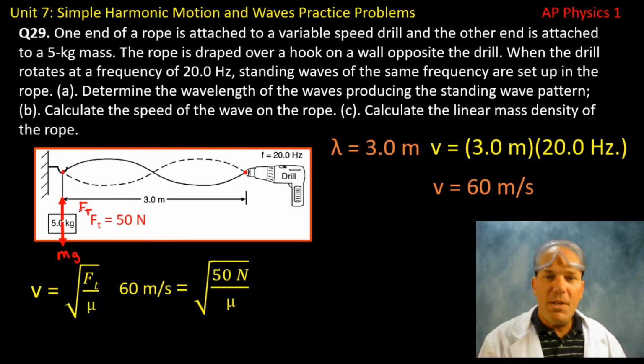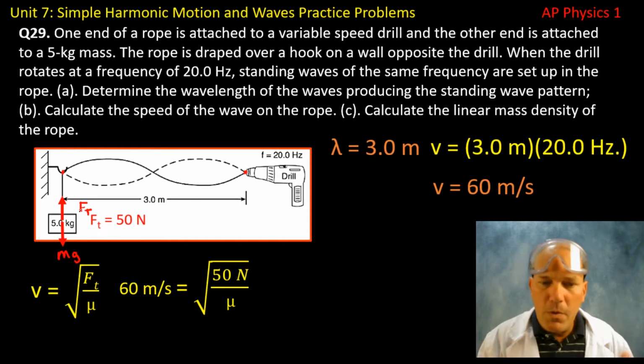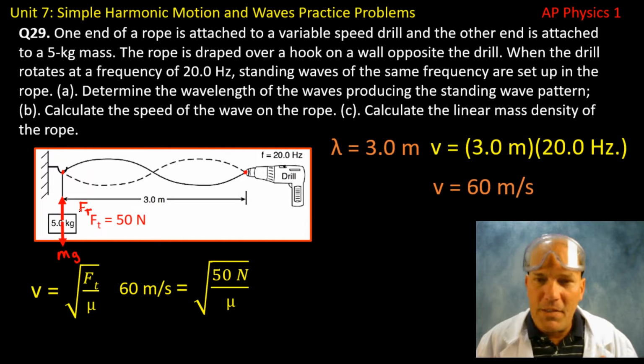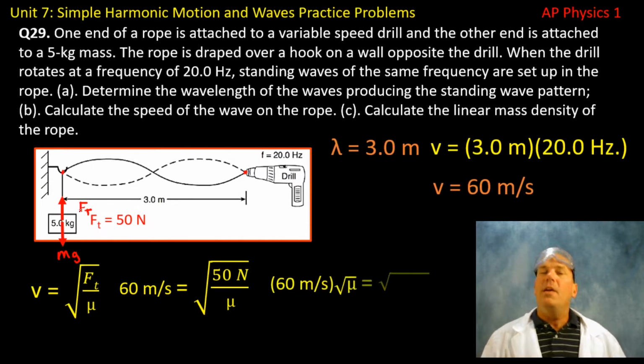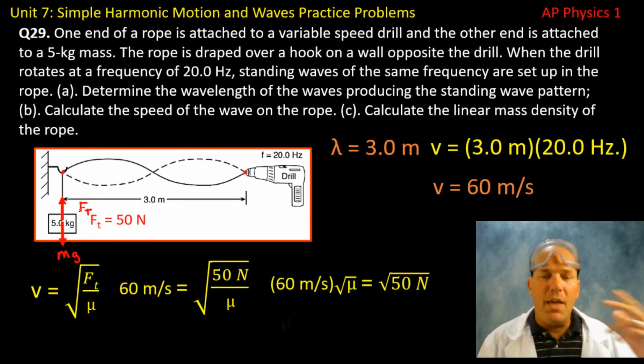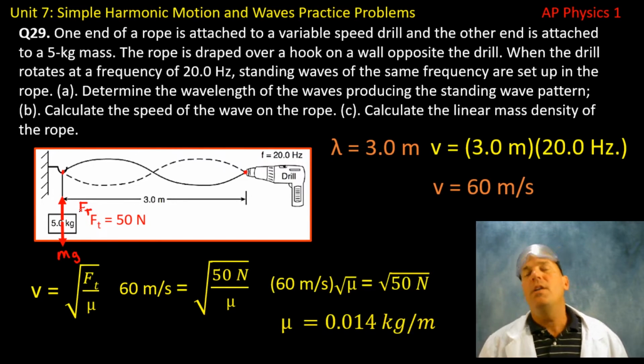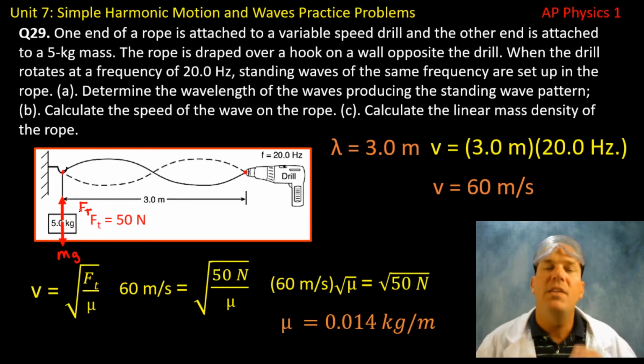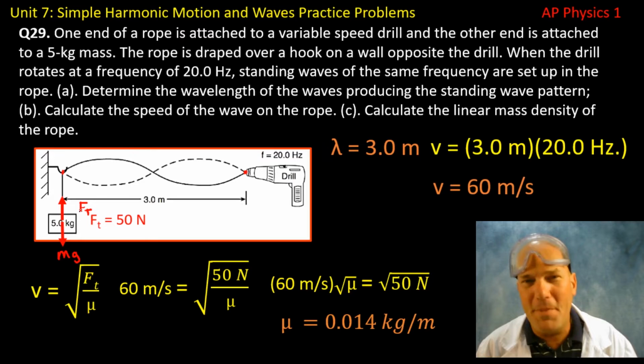Because we know 60 meters per second, we calculated that in part B. So now we're going to divide 50 newtons by mu and take the square root of that. We're trying to find the linear mass density in part C of this problem. Algebraically, we can rearrange this equation and solve for mu to be equal to 0.014 kilograms per meter.